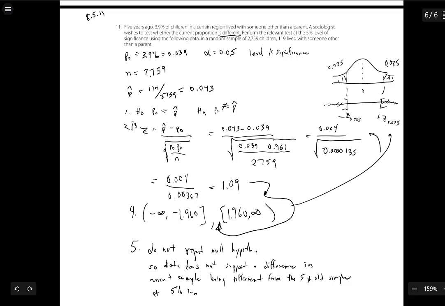So we're not rejecting the null hypothesis this time.